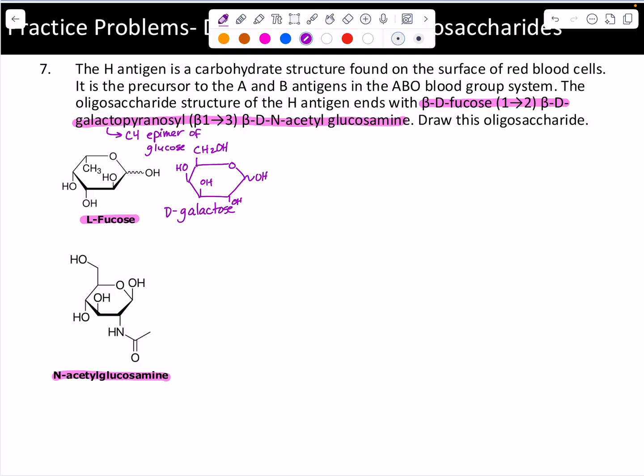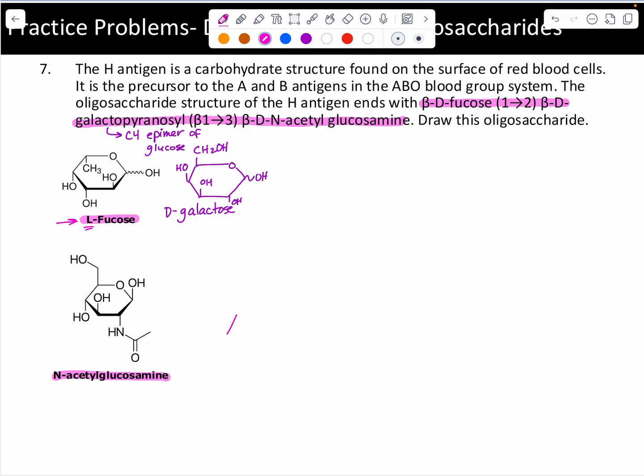Okay, so let's draw. So the first unit is beta D-fucose. Let's see, we'll put fucose in pink. Okay, so we're going to do beta D. So this is L-fucose. So D-fucose is going to have all of the chirality reversed, right?